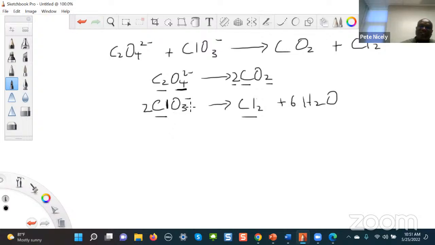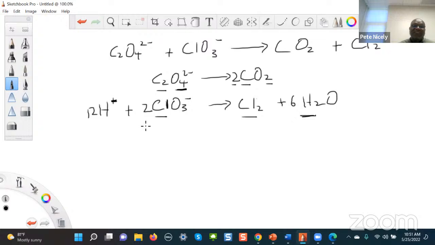Well, there's no hydrogens in the top. Exactly. So we don't need to do anything there, right? What about the second half equation, however? In the second half, we have 12 on the right, so we need to add 12 on the left. Okay, very good. 12 hydrogen ions. Remember, it must be hydrogen ions, right? Okay. Then we balance the charges.